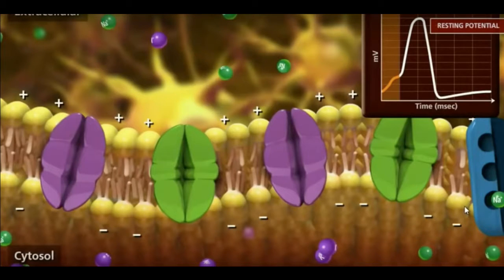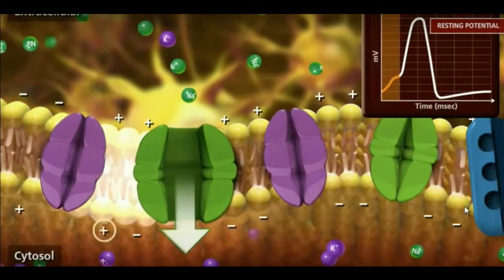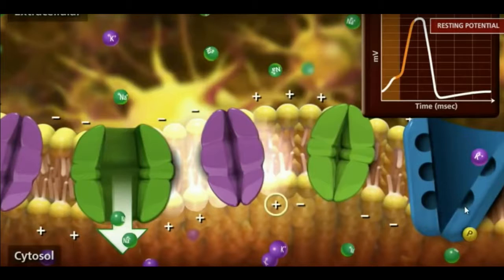One more thing I do want to take a look at is this graph up here. This is a graph that you typically see in your textbook that describes the change in voltage on the inside of the cell. So down here is more negative, and up here it's very positive. So at rest, the resting membrane potential is approximately negative 70 millivolts. We hopefully know by now the initial step is the depolarization, opening of voltage-gated sodium channels and the movement of sodium into the cell.